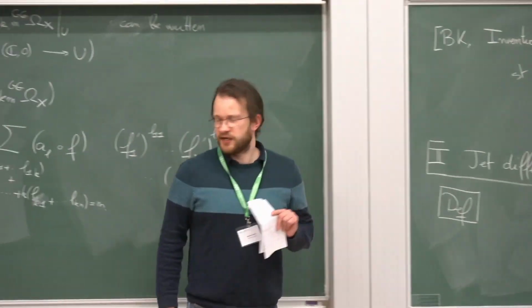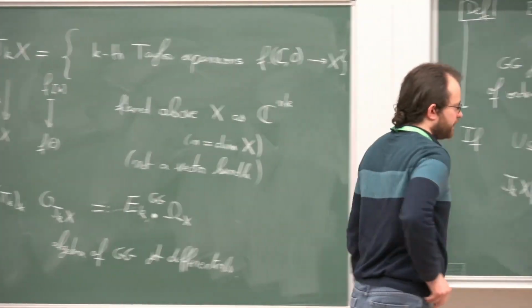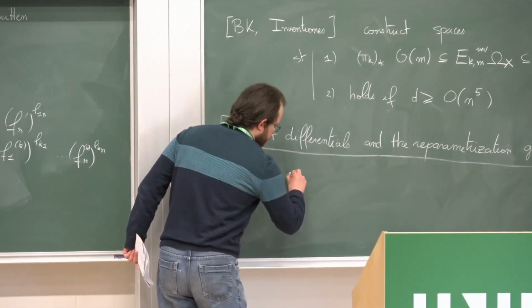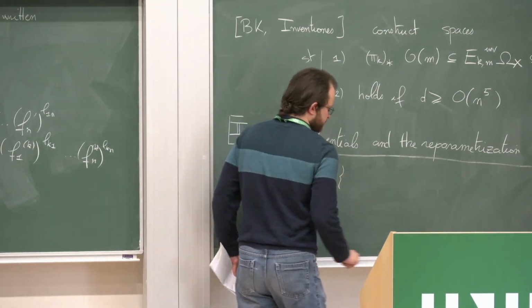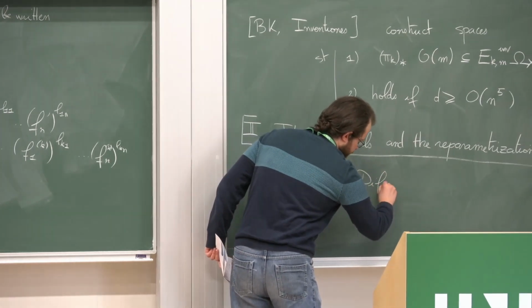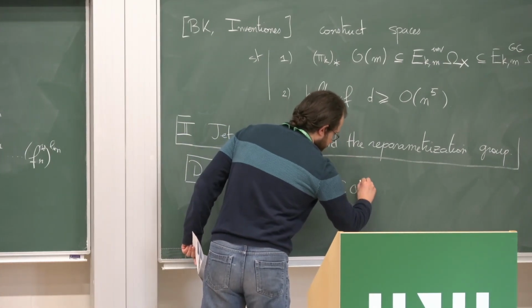So for the k I have fixed, the order of jet differential, we can define an algebraic group, which I will denote here G_k. It goes by many other names. So maybe I will also write Diff_k(C,0).